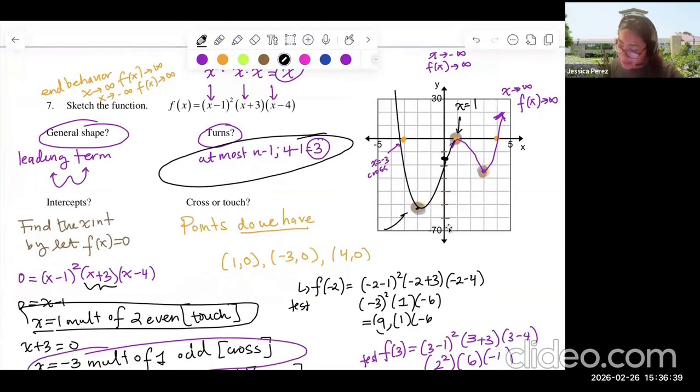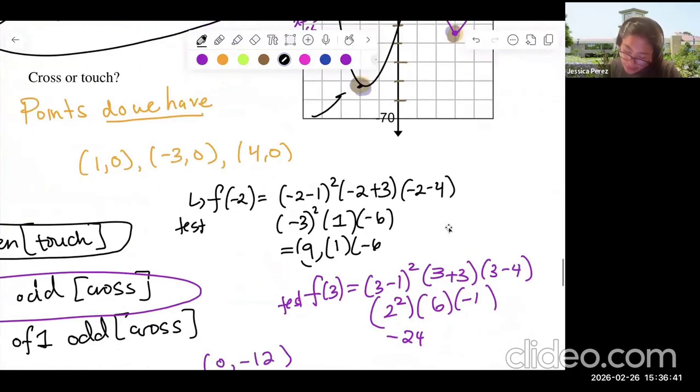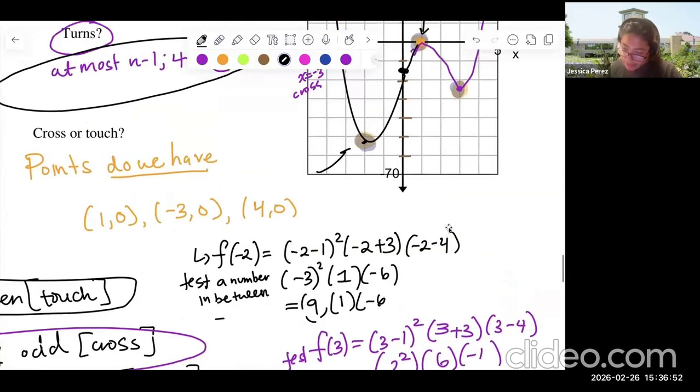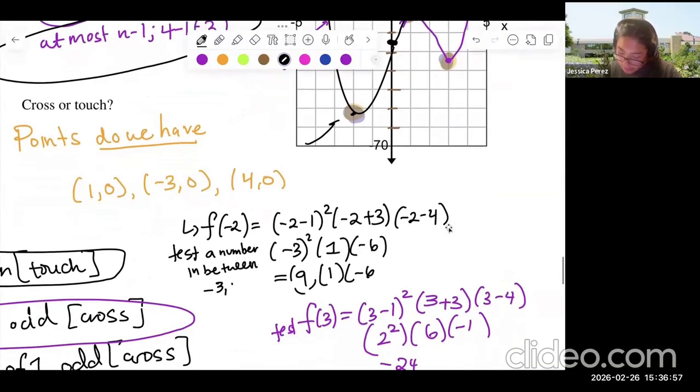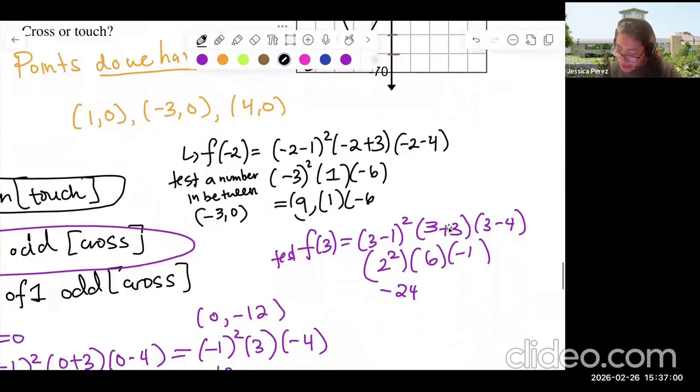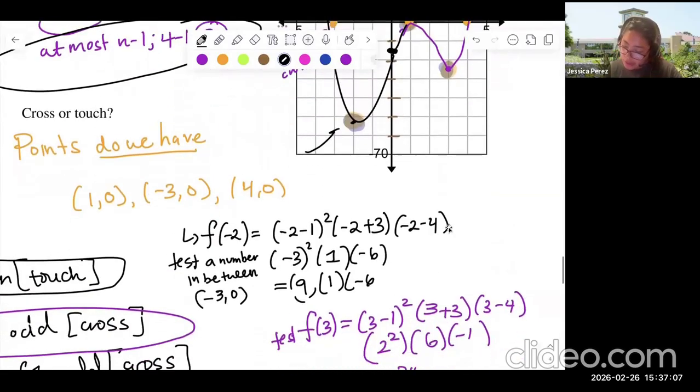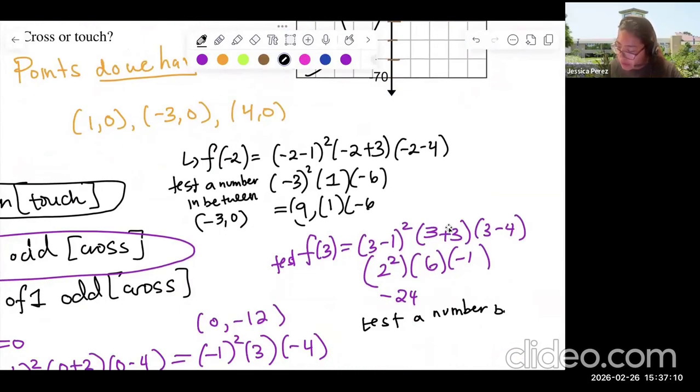So we had to test a number in between negative 3 and 0. And then again, we had to test a number between 1 and 4. We chose 3.